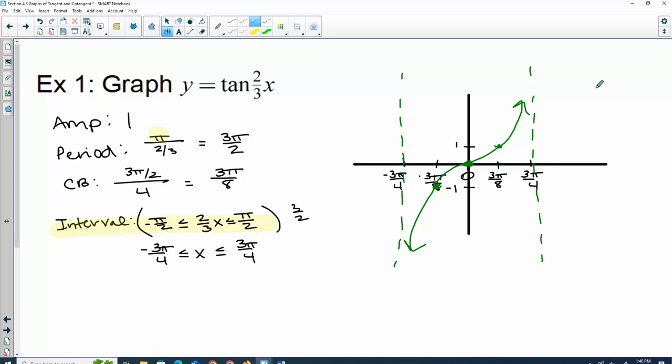So it has to start negative and go positive. What questions do you guys have right there?